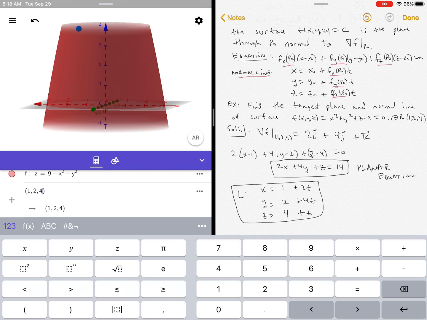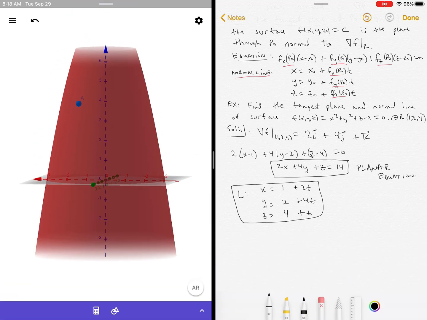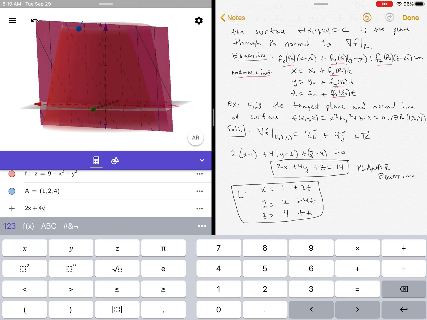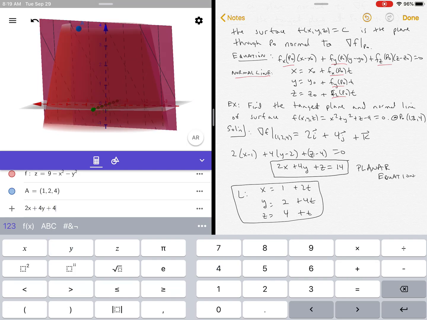Okay, what else do we want to put on here? We want to put the plane on there, so that's 2x plus 4y plus z equals 14.